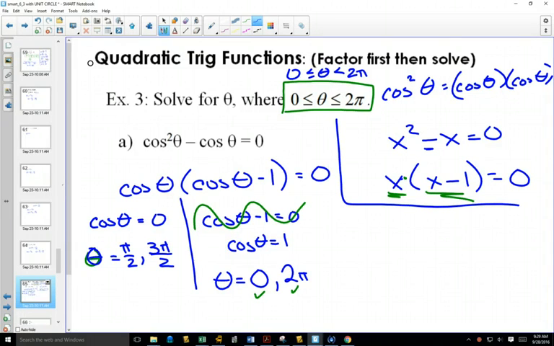So when you've done all your solutions like this, you might have to put an x through one because it's not actually included. And we've already seen some examples where it didn't just go from 0 to 360, it went from negative 360 to 360, or negative 2 pi to 2 pi. So one thing that you're always going to do in a solving question as a check at the end is look at the domain that the question was asking for and make sure that your answers are within that domain in the end.